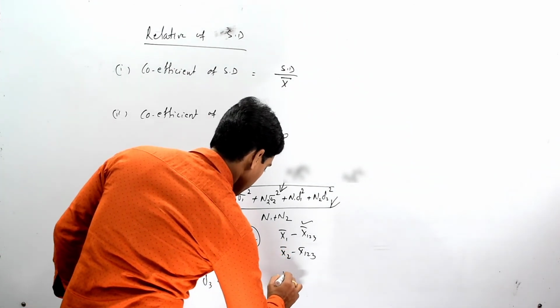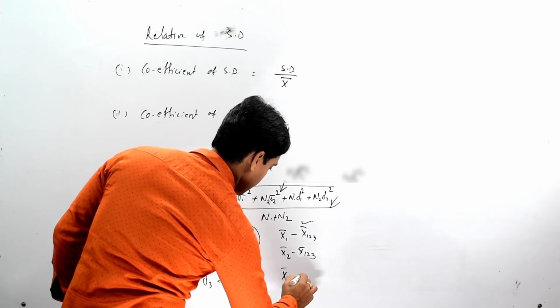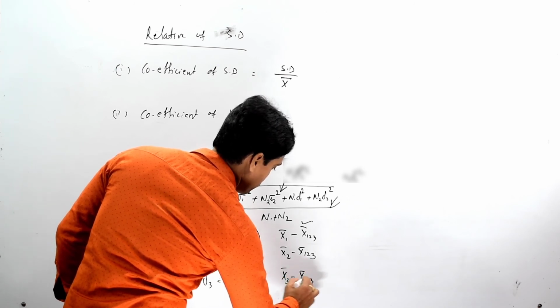So in case of three groups, x bar 3 minus x bar 1 2 3.